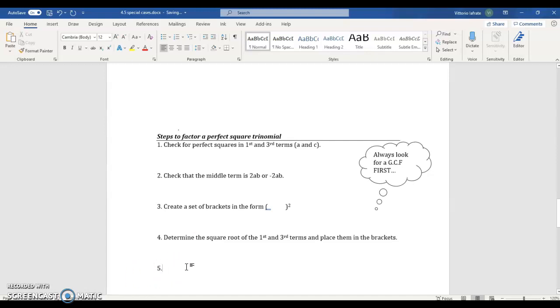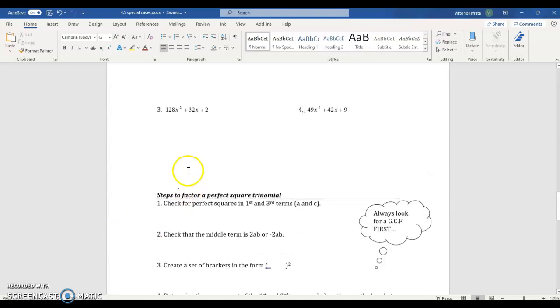Our last step is going to be to connect our answers with a positive or a negative, depending on the middle term. So let's take a look at what that all means.